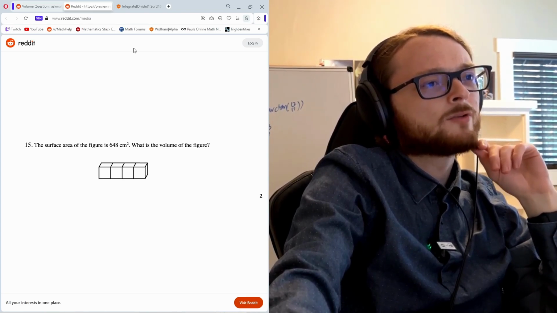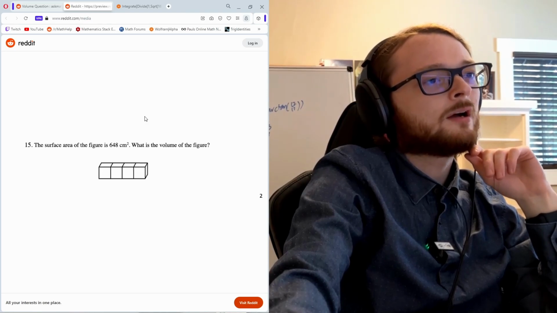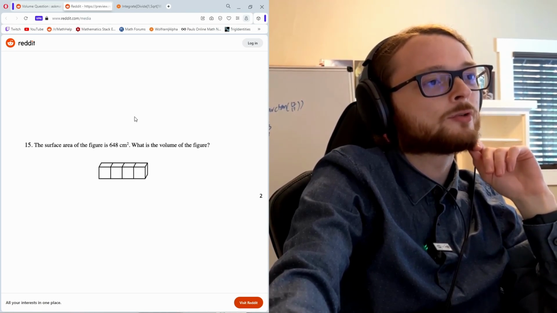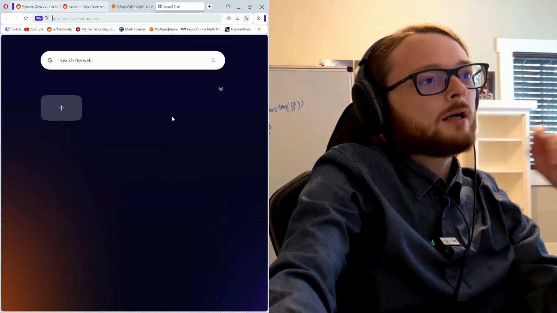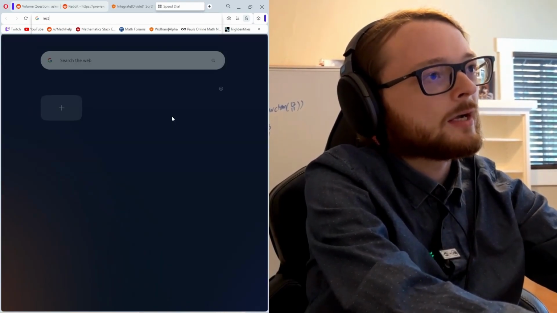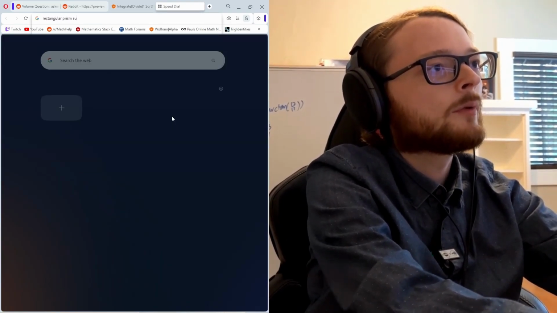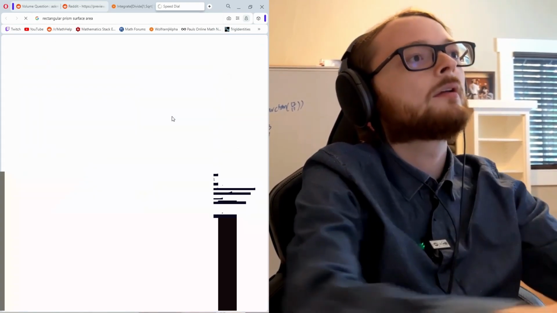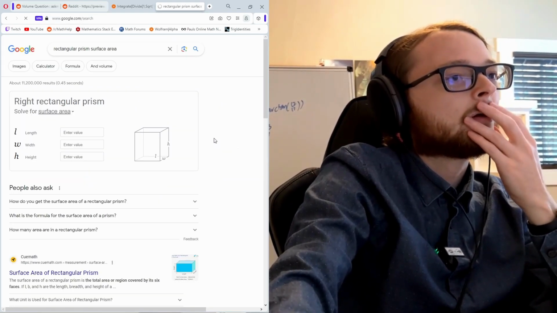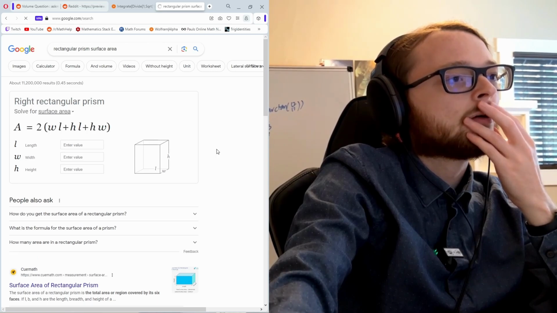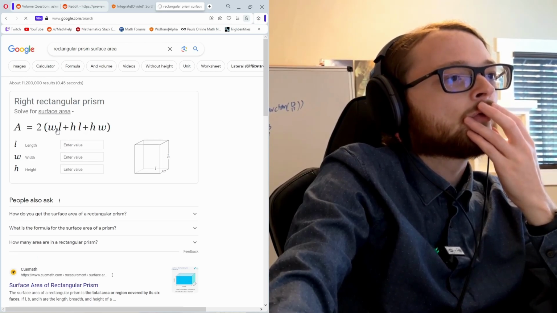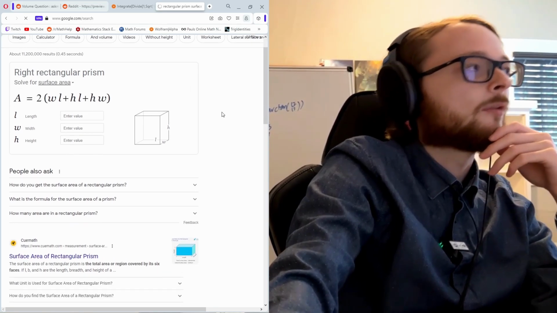The 4 cubes might just be a... Oh, you probably do need it for the proportions. Rectangular prism surface area. Two times all the areas. That makes sense, actually.